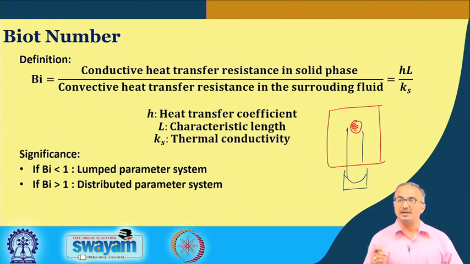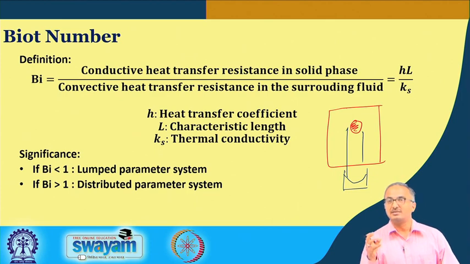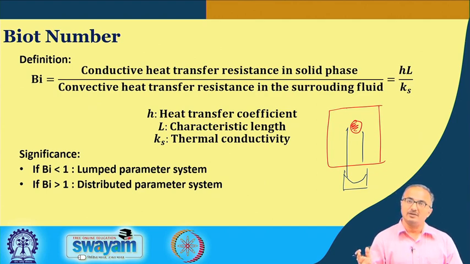On the other hand, if the solid has some finite conductivity and the fluid is flowing at a very high flow rate, we may neglect the heat transfer resistance in the fluid and say that the fluid is at constant temperature, whereas within the solid there will be a temperature gradient.